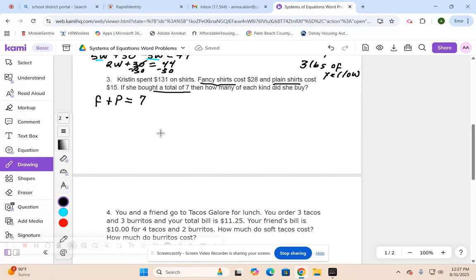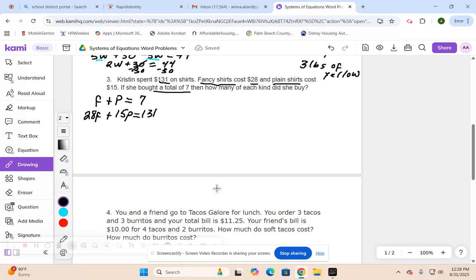Okay, let's now write the cost function. She paid $28 for the fancy shirt, so that'll be $28 each fancy shirt, plus she paid $15 for each plain shirt, $15 for each plain shirt, for a total cost of, here's the total cost, $131.